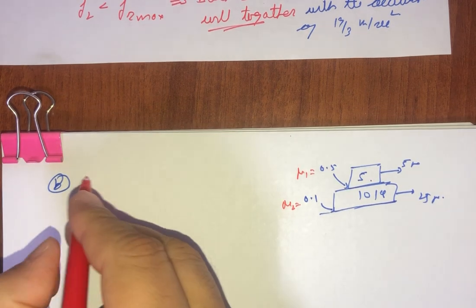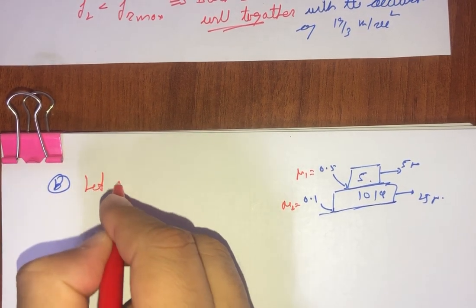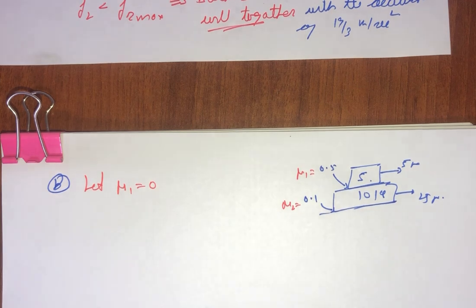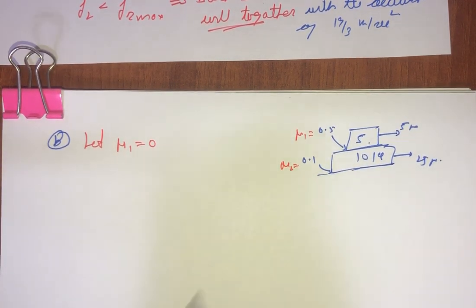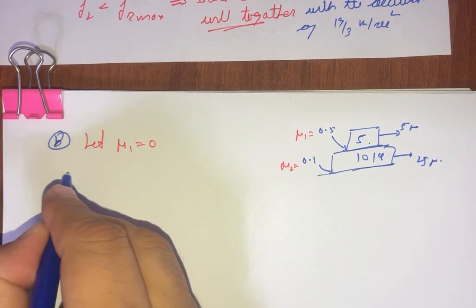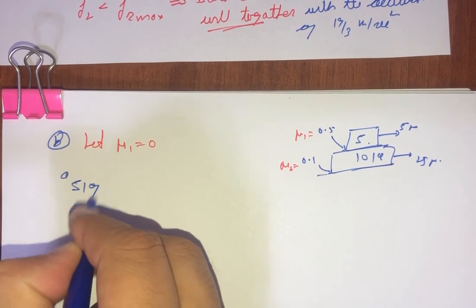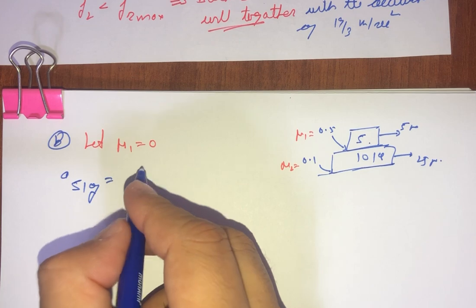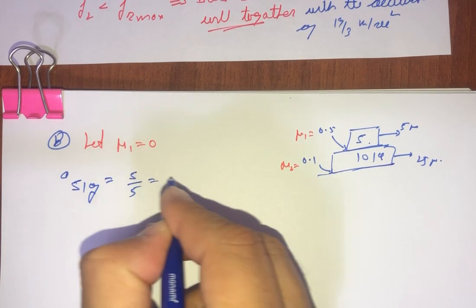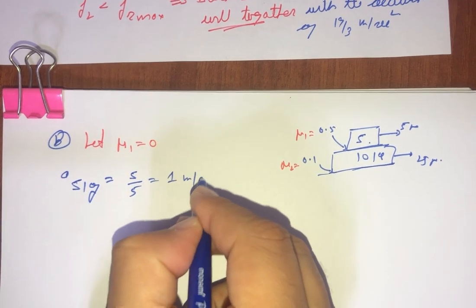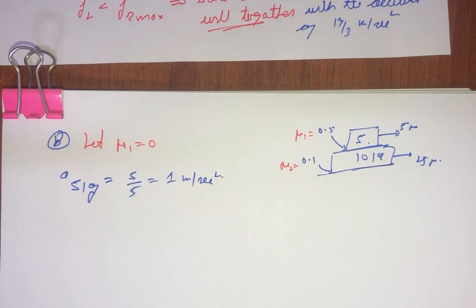We suppose that mu1 is equal to 0. If mu1 is equal to 0, we can find out the acceleration of the 5 kg block, and that will be 1 meter per second square.